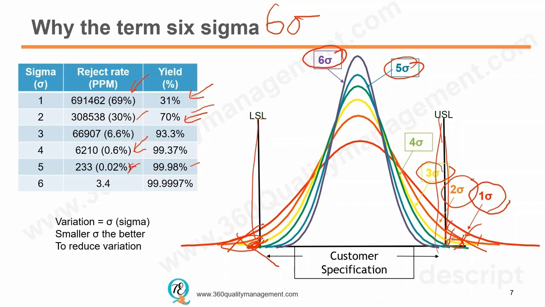That means it's only about a 3.4 ppm reject rate, which is 99.99997% of the parts being usable. This is good because we want yield as high as possible, which means the process will produce all good products, and this will also minimize the cost of operation.